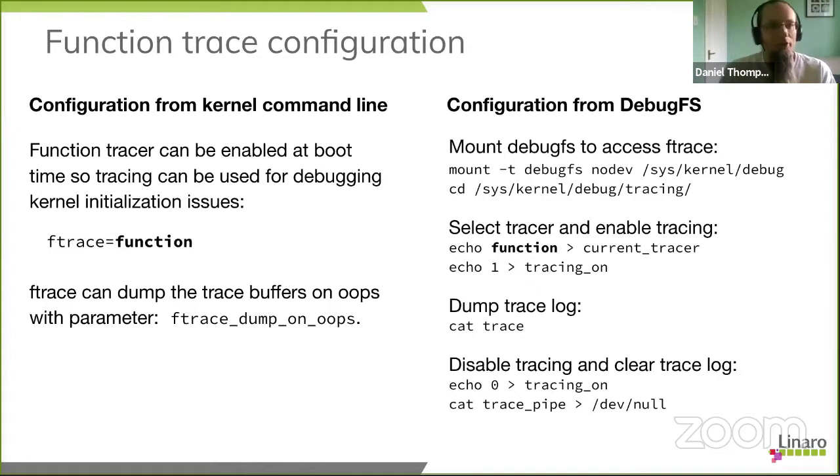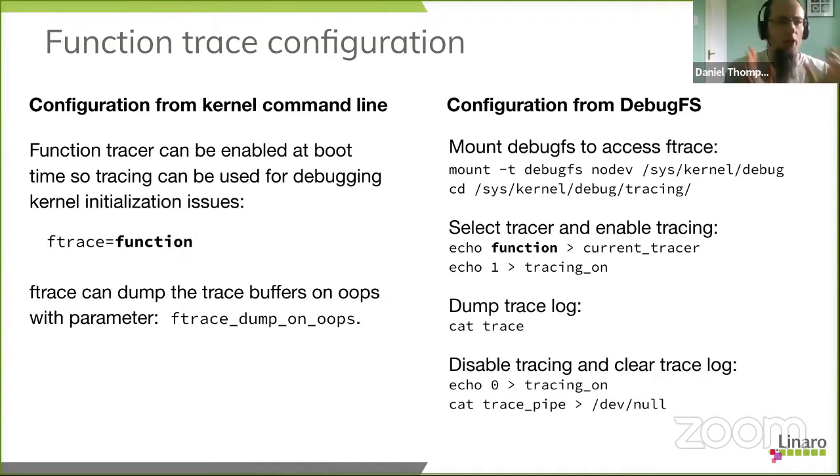Okay, so function trace configuration. This is how to turn on a simple function trace. In a lot of these cases, we've provided two ways to turn it on, one from the kernel command line and one from debugfs. Most of the time when you work with ftrace, you will be using the debugfs interface because it is most flexible. But if you are suffering problems during boot, if user space never comes up, you will never have the opportunity to interact with debugfs.